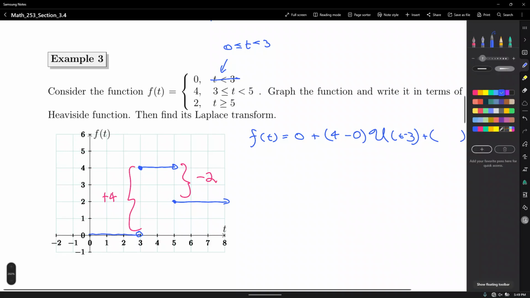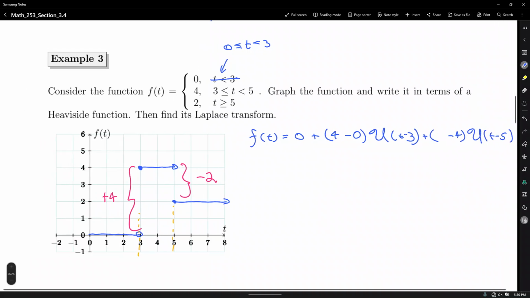Think about 3 over here: the one on the left turns off, the one on the right turns on. Subtract whatever you have on the left from what you have on the right. Now, what happens at 5, the next point where we have a new switch? In this case, 4 turns off, so we subtract 4 from whatever turns on, which is 2. Isn't it? All right.